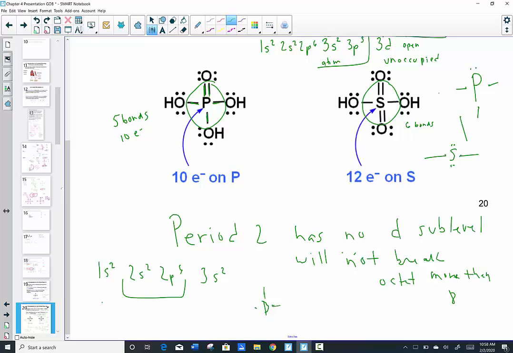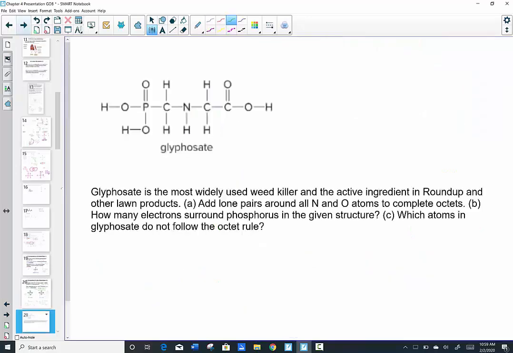So it doesn't break the rule, but what I'm referring to is that period 2 has no ability to expand and go over 8 electrons. It has to be a period 3 element or greater to be able to do this. And really, we're not going to focus too much on rule breakers. We're more focused on just saying that it happens, and if it does happen, it's because it has d sublevels.